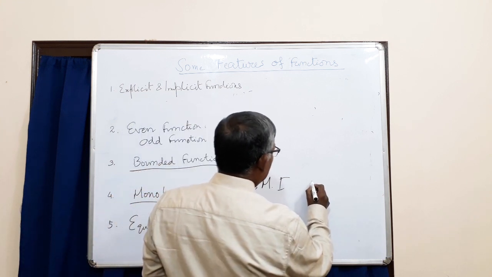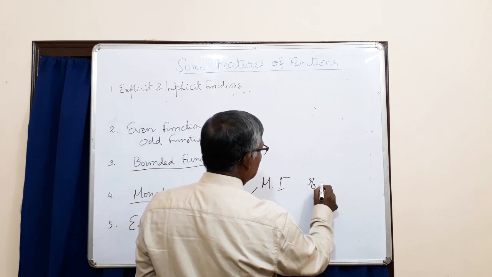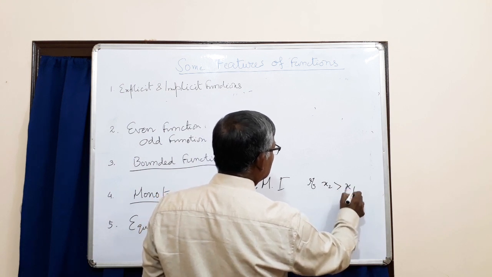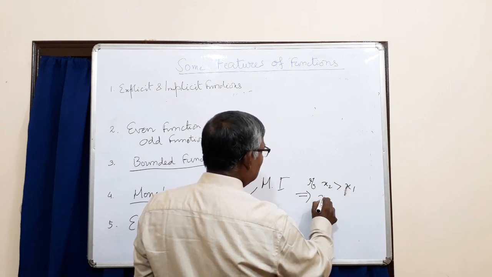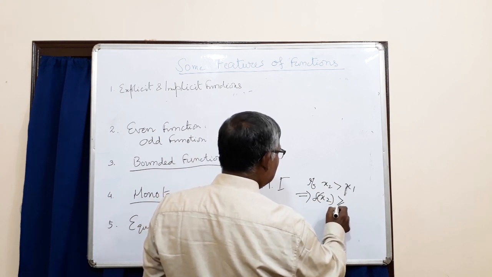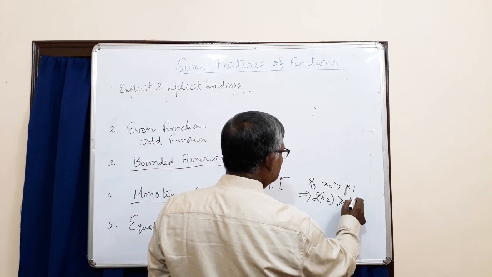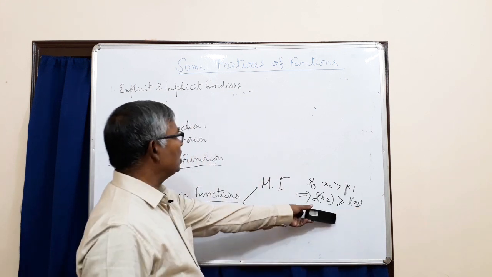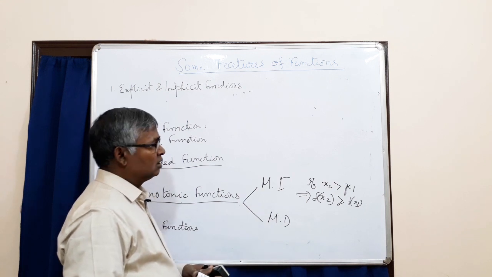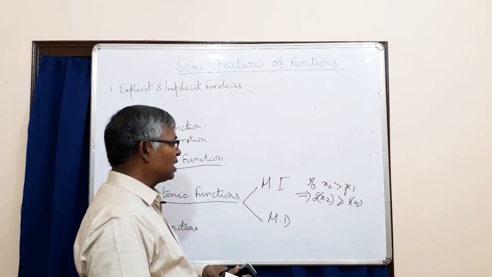If x2 greater than x1 implies that f of x2 greater than or equal to f of x1, then it is called monotonically increasing function. So f of x is called monotonic increasing function.